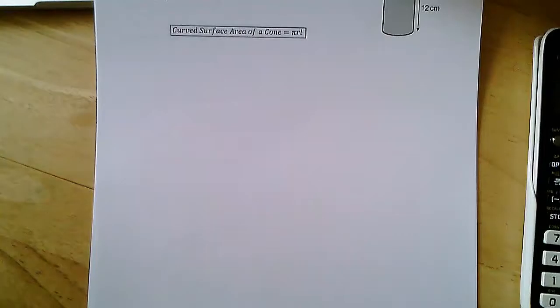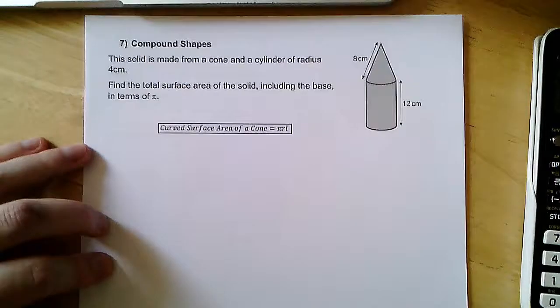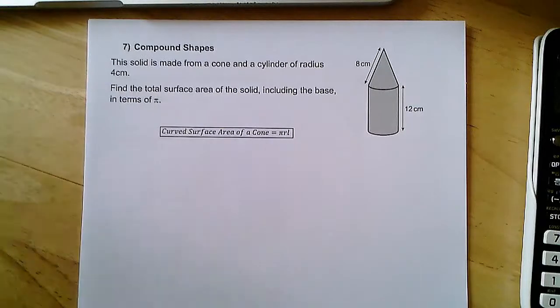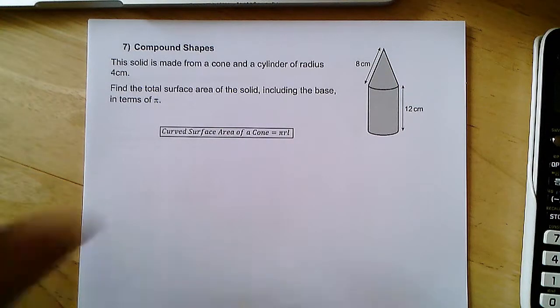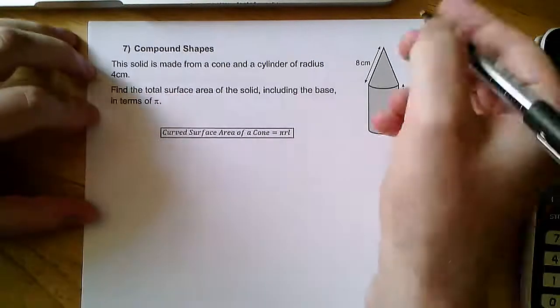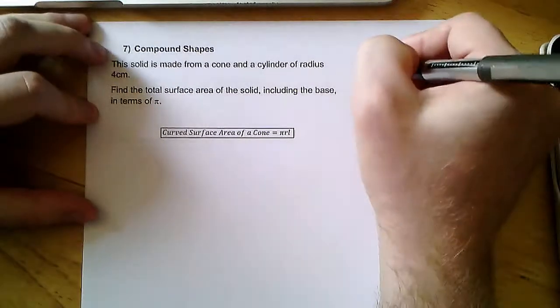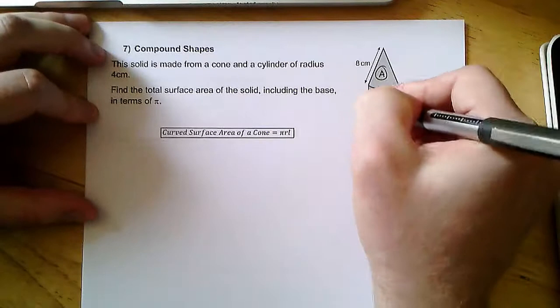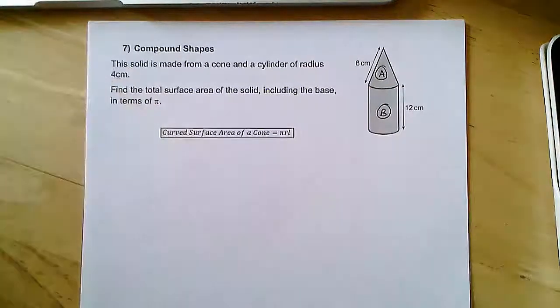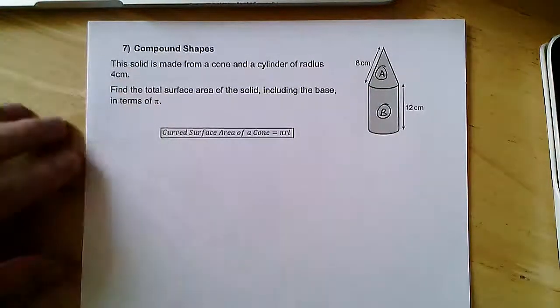Question 7 is an area of a compound shape. Sorry, a volume of a compound shape. Or even surface area. Now, again, I'm going to split this into two shapes. Right.